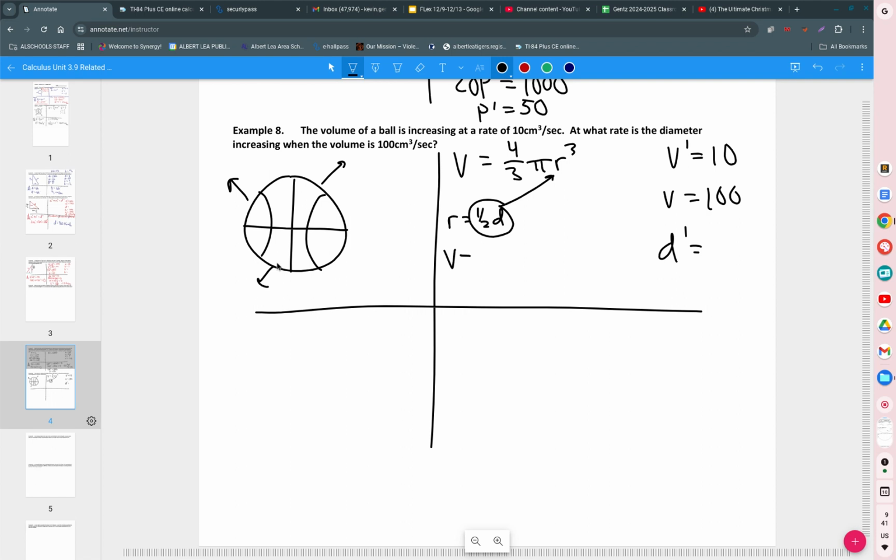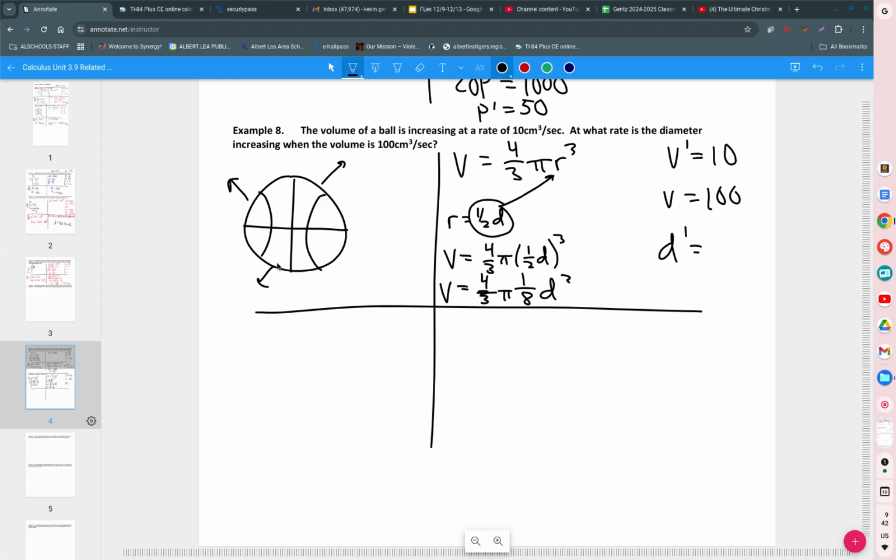I have volume is equal to 4/3 times pi times 1/2 D quantity cubed. If I left it like this, I would need to use the chain rule when I take my derivative. So I'm going to actually multiply it out. Volume is equal to 4/3 pi. What is 1/2 cubed? 1/8.